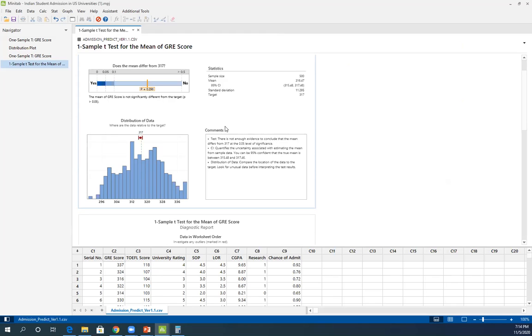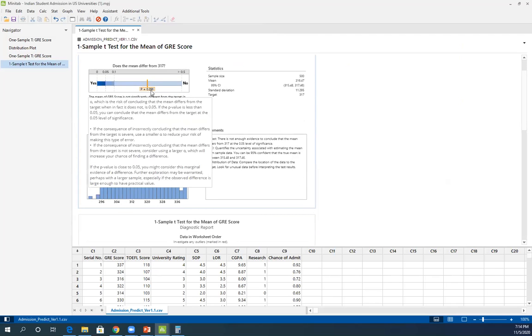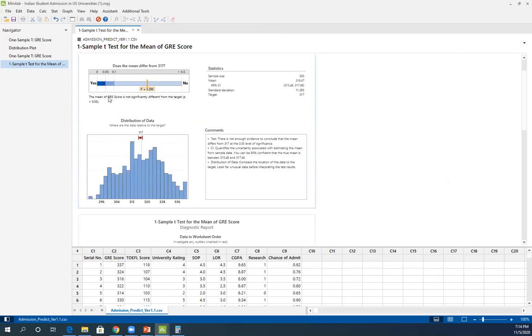So here you can see this p-value. What is the p-value we are getting here? 29.6%. So the mean GRE score is not significantly different from the target at 5%.